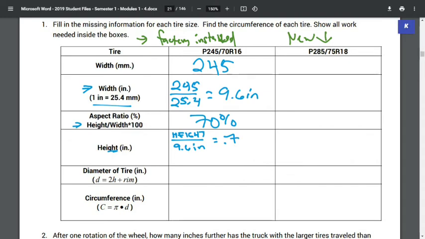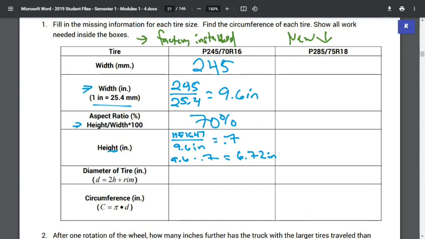Like our equation that we discovered on the back side, we're going to multiply these with each other. So 9.6 times 0.7, we're going to multiply that together, and we're going to get 6.72 inches right there.